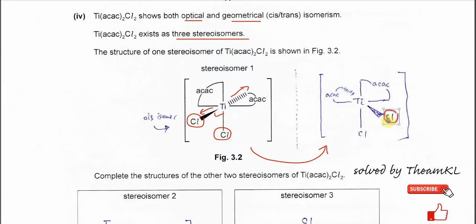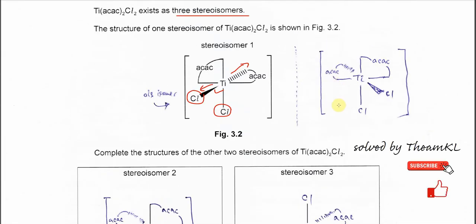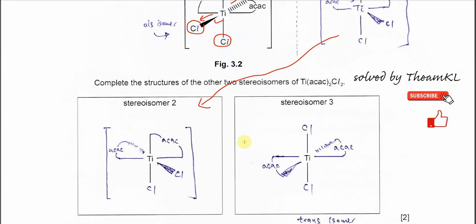These mirror images are non-superimposable. This and this are both cis isomers and they are mirror images that are not superimposable, meaning they are stereoisomers, meaning optical isomers. So you just need to label this optical isomer as isomer 2, right? Exactly the same thing.